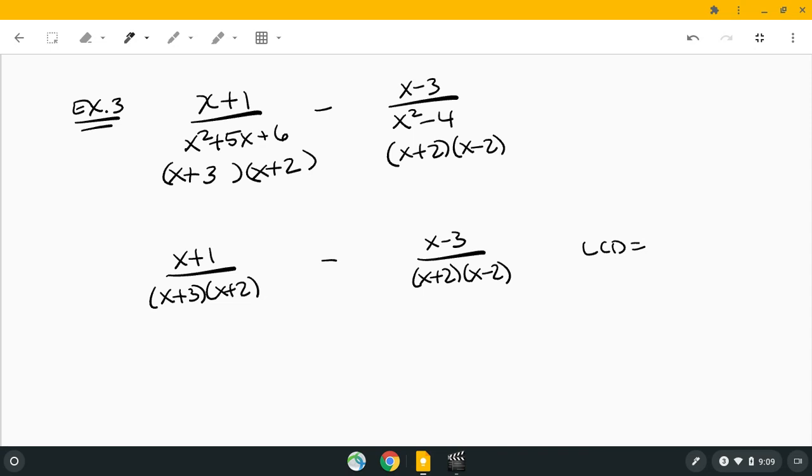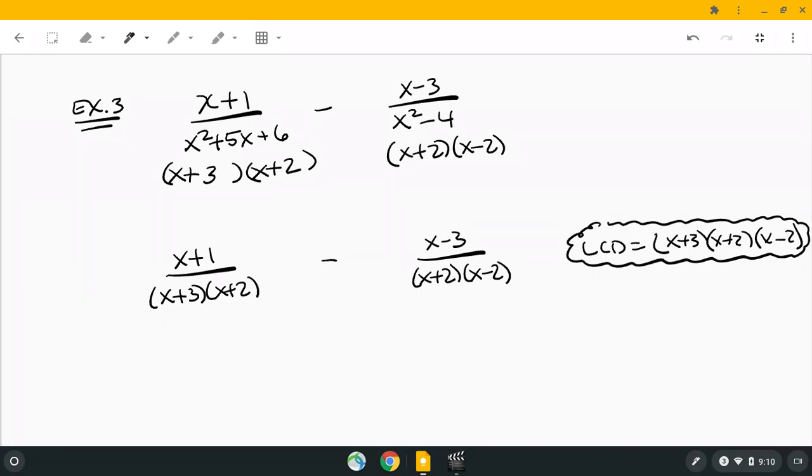I see the x plus 3 family. I see the x plus 2 family. And I see the x minus 2 family. And I don't see any repeated multiplications. I don't see any exponents. So this is it for my LCD.